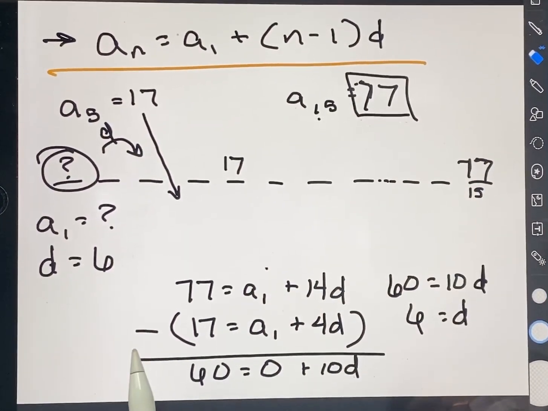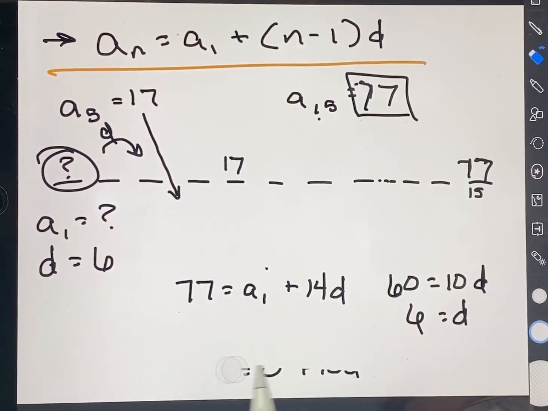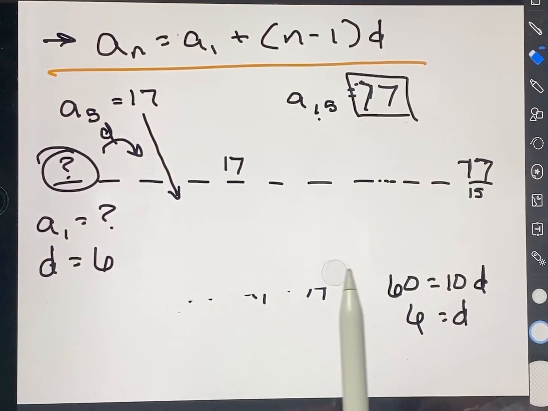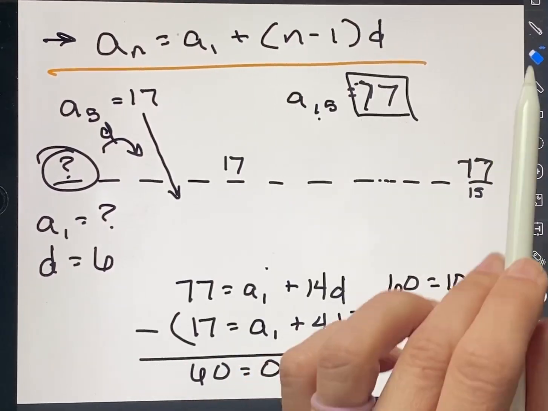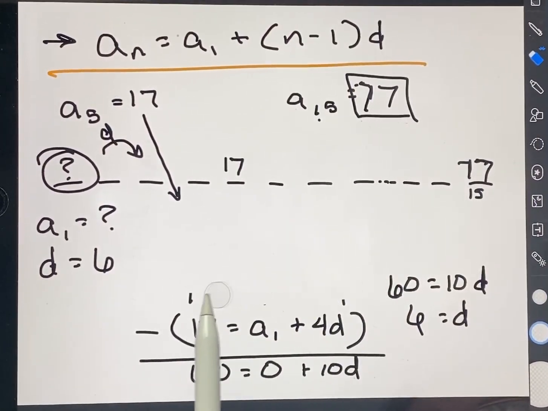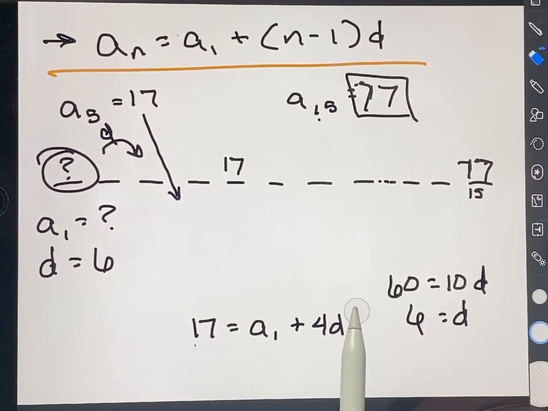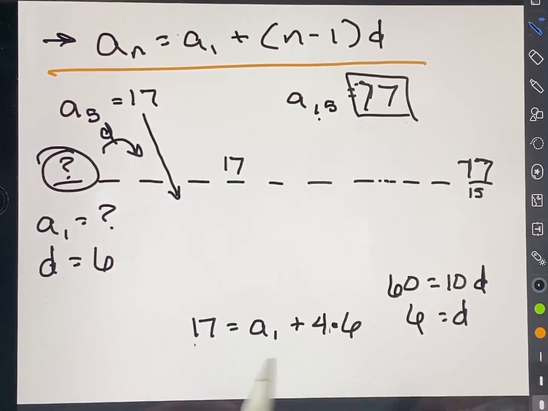Now, because of substitution, we can go back and plug in our D value into any of these. So let's plug in our D value down here. And instead of having D, we're going to plug in 6 so that we know that 17 equals wherever I started plus 24.